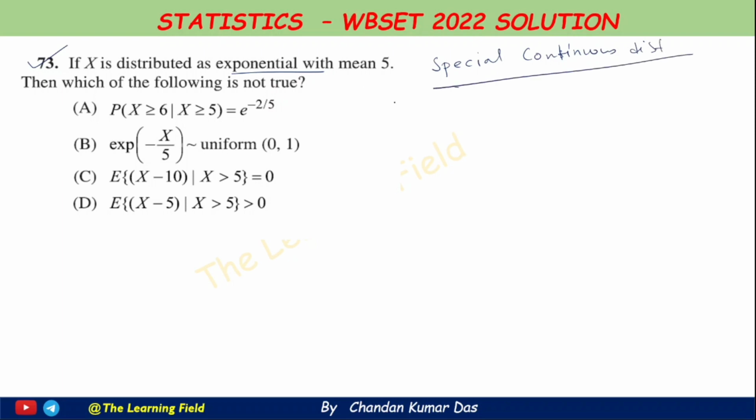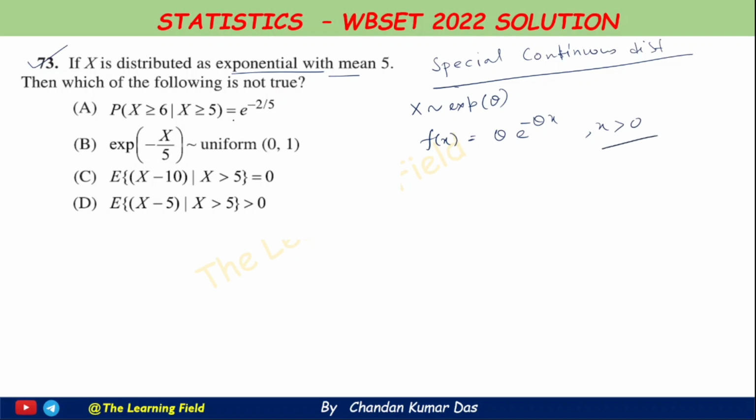Now we first write the PDF of the exponential distribution. If x follows the exponential distribution with parameter theta, then f(x) equals 1 by theta times exponential of minus x by theta, for x greater than 0.